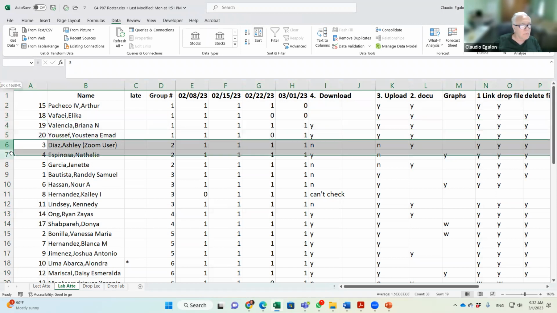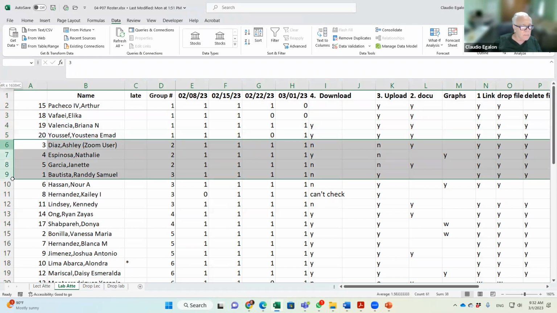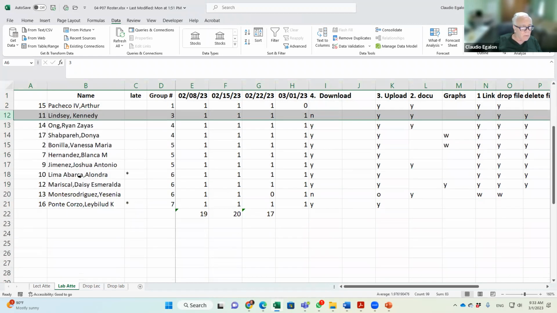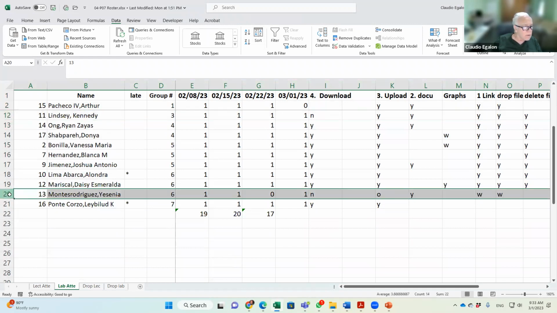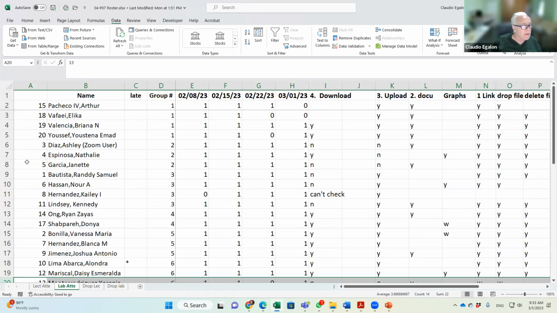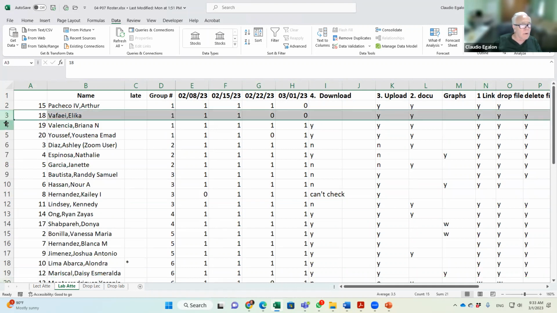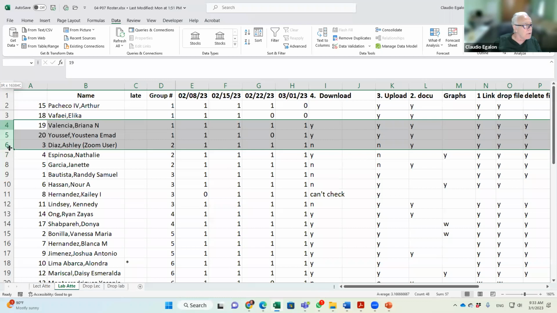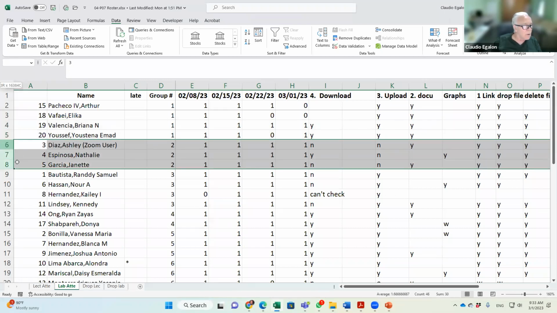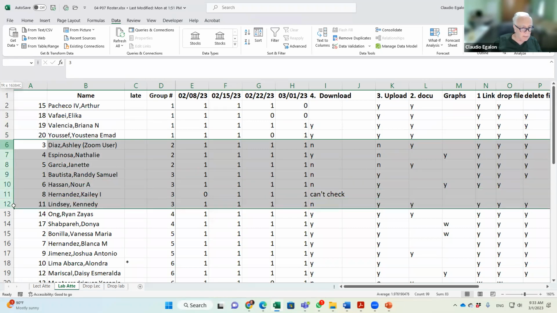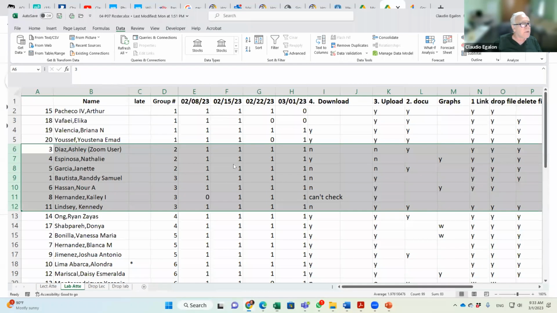Okay, group 2, right? Group 3, group 4. Just Yesenia is having a problem in group 6. So we're talking about groups 2 and 3. Okay, let's start with group 2 and 3.